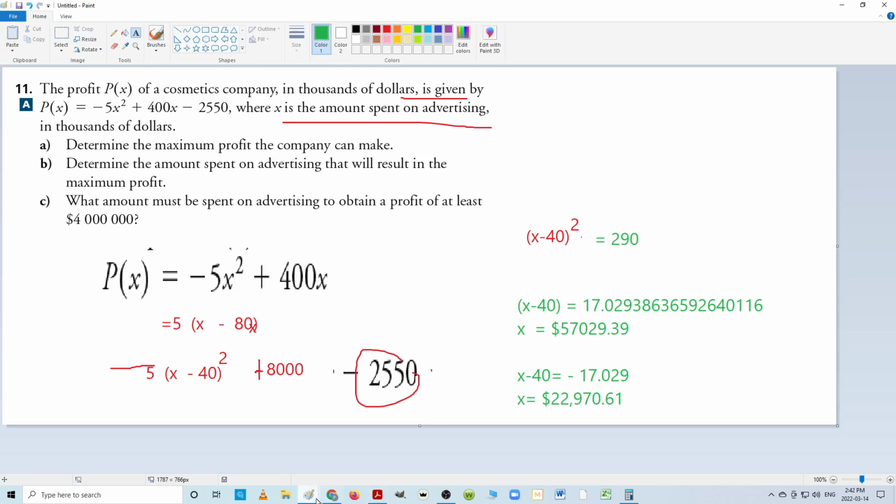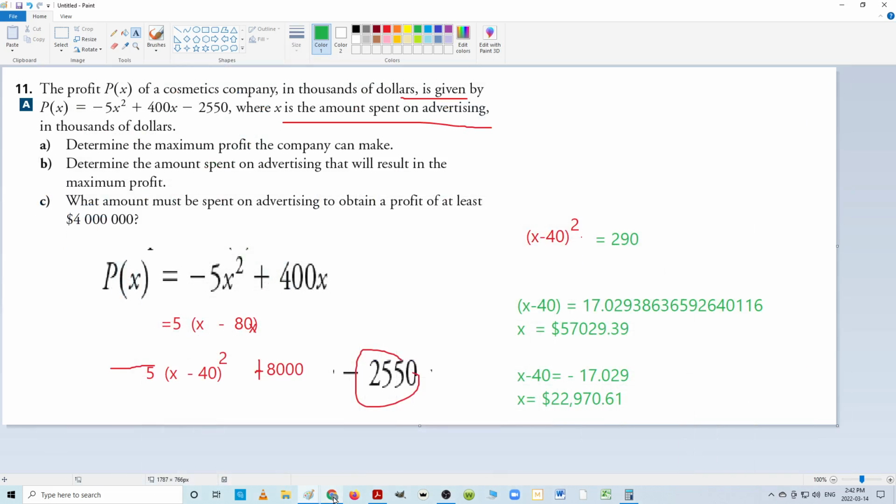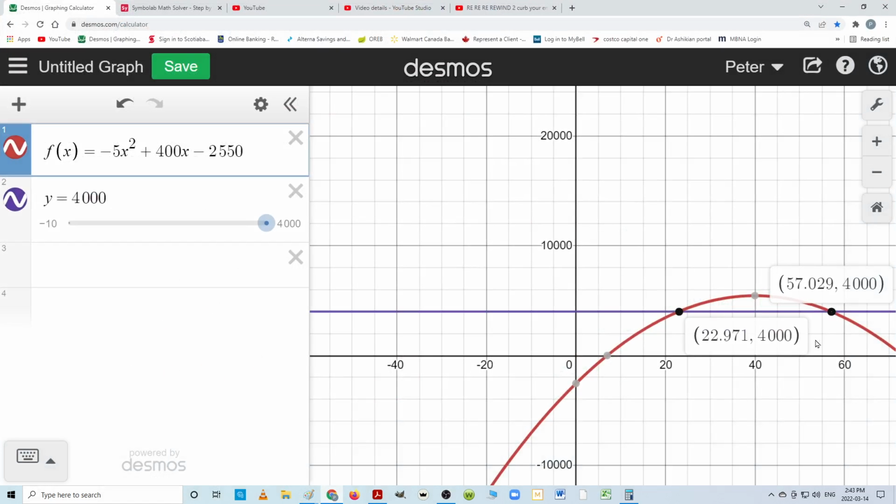And let's see if I got that one correct. 22.9. Yeah, there we go. Those are the correct numbers. So you can see a small calculation error can screw up your answers. So go through it carefully.